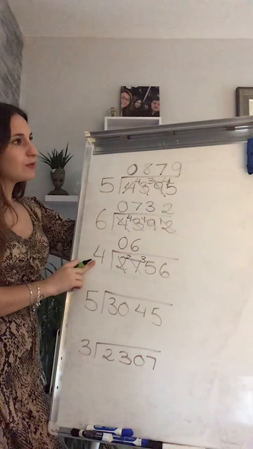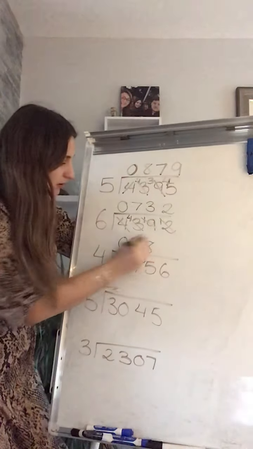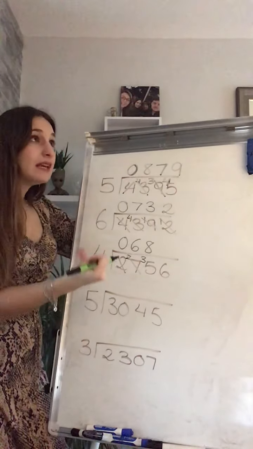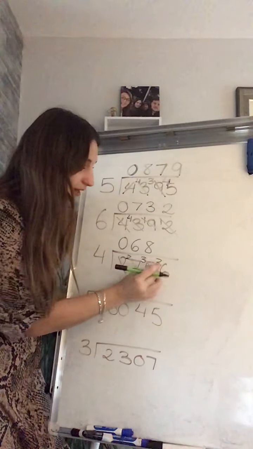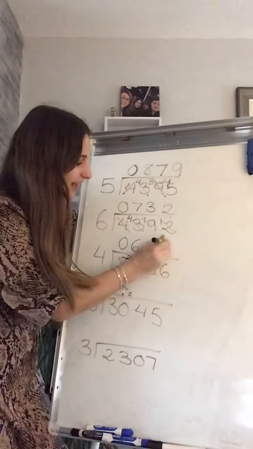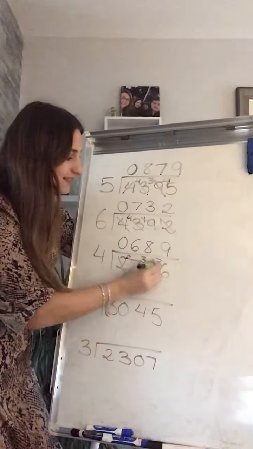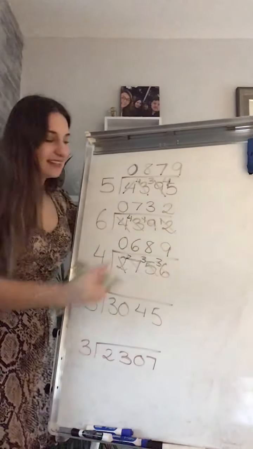Well, my closer one is 8. 8 times 4 is 32, 33, 34, and 35. I carry 3, and now I have a 36. 36 is on my 4 timetable. I get that by 9 times 4 is 36. Okay? So you should have 689.